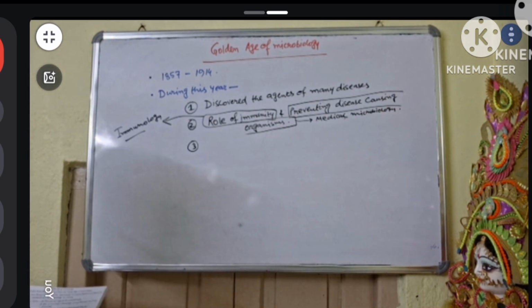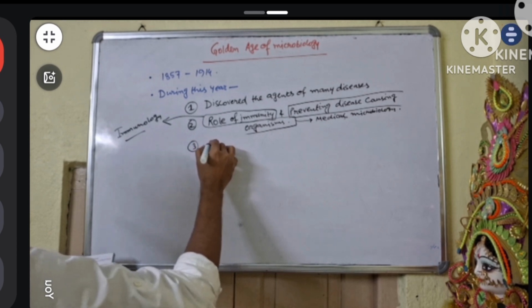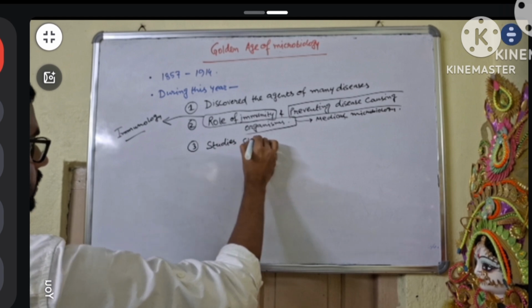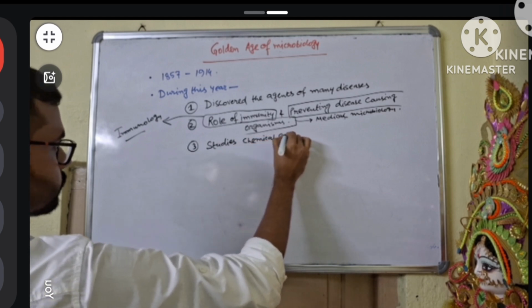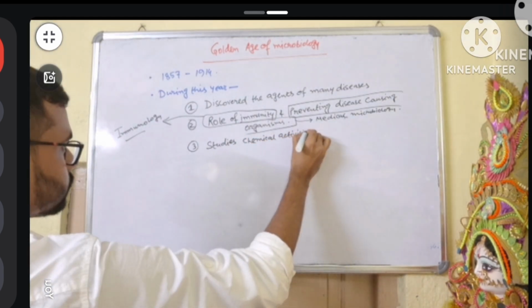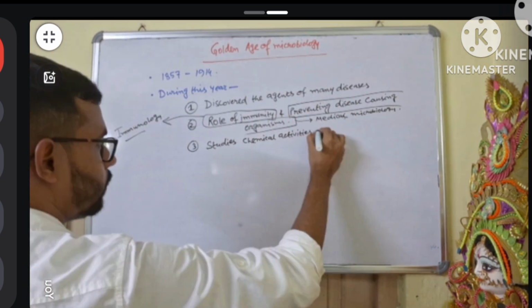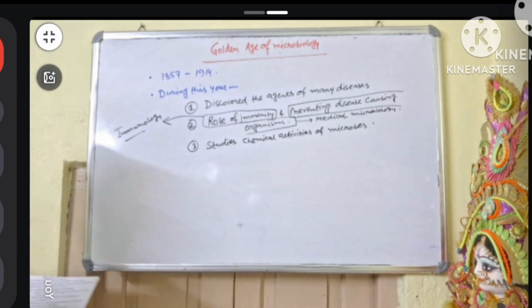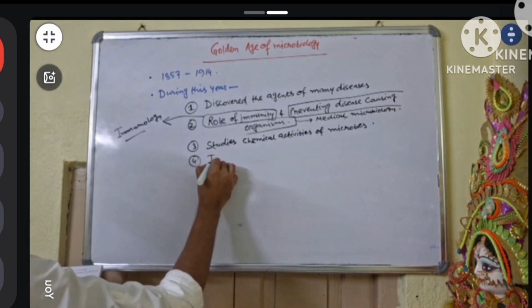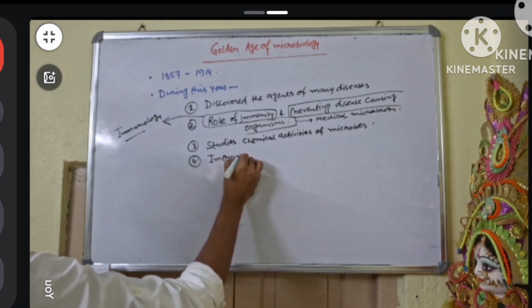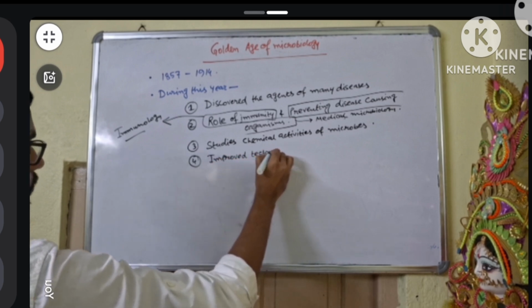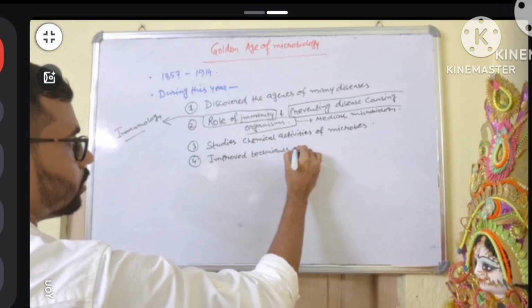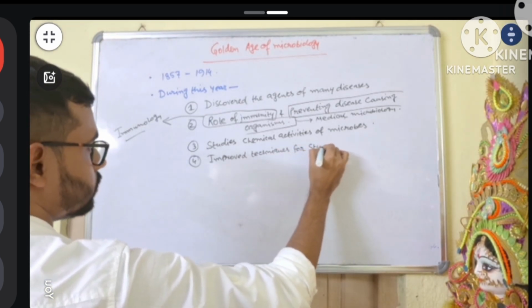Number three, scientists discovered or studied the chemical activities of microbes, and improved techniques for studying microbes.